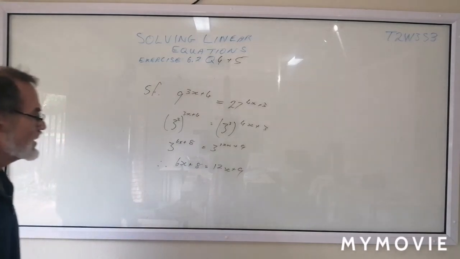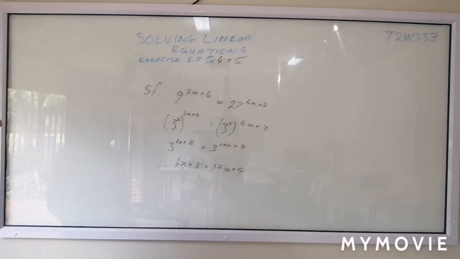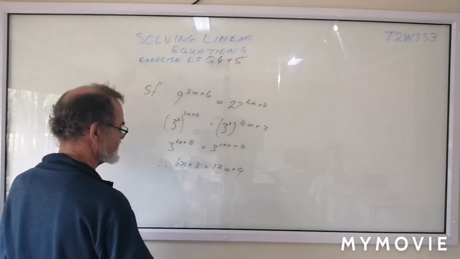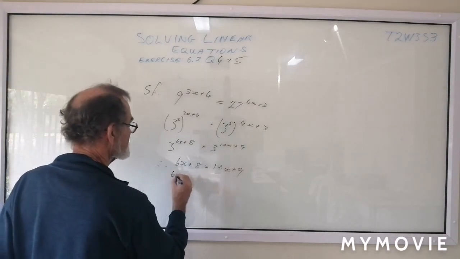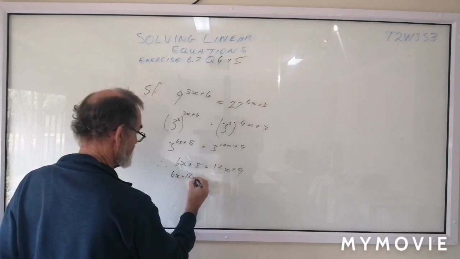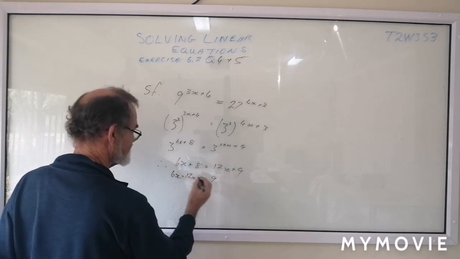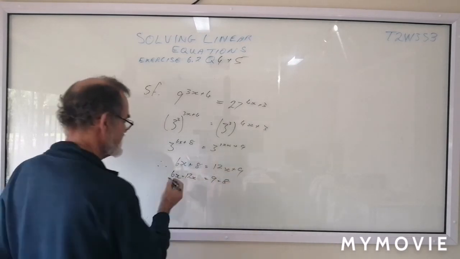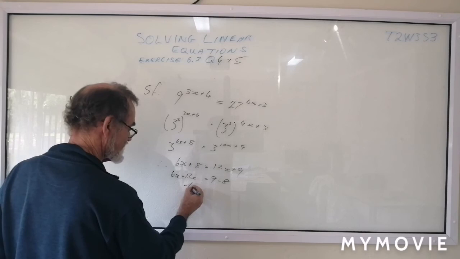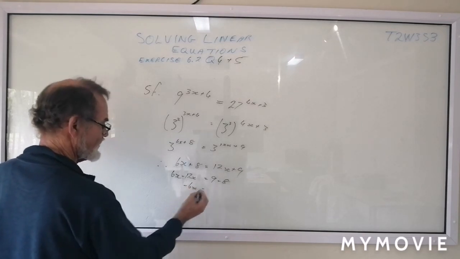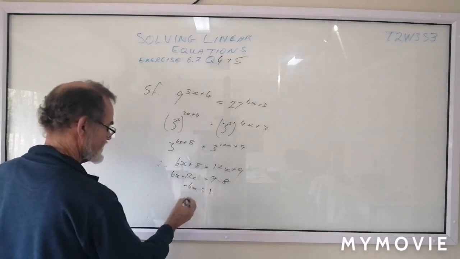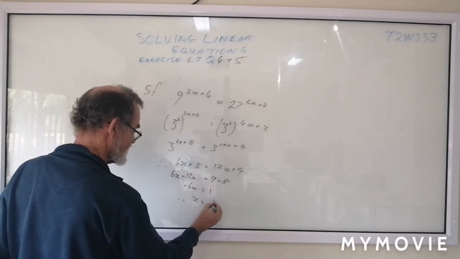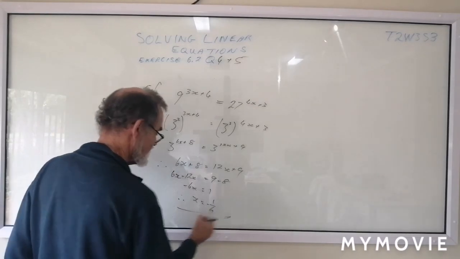And there you've got a normal linear equation that you can treat as usual, subtracting 12x from both sides. 6x minus 12x is equal to 9, subtracting 8 from both sides, minus 8. And these two give us minus 6x, and these two give us 1. So therefore, x is equal to minus 1/6. And there's your answer.